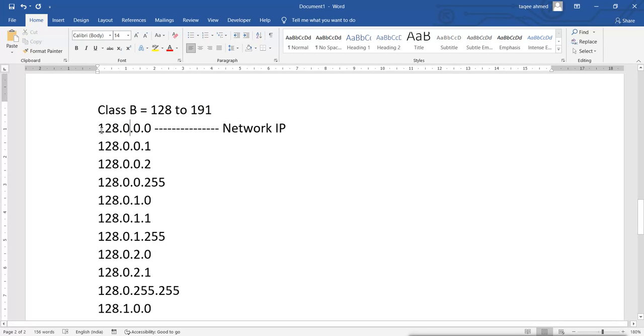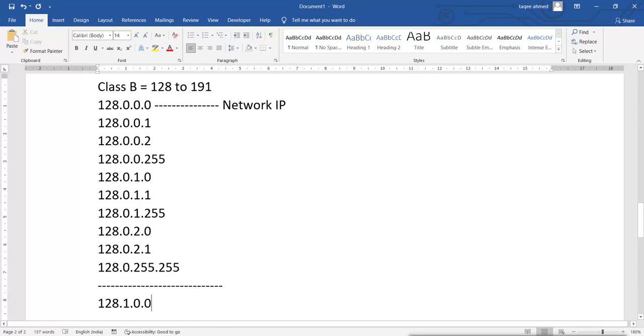So this is a network part, and if this part changes, that means the network changes. That means this is the last IP of the network, and the next network will start from here, and this will be the network IP of the next network.